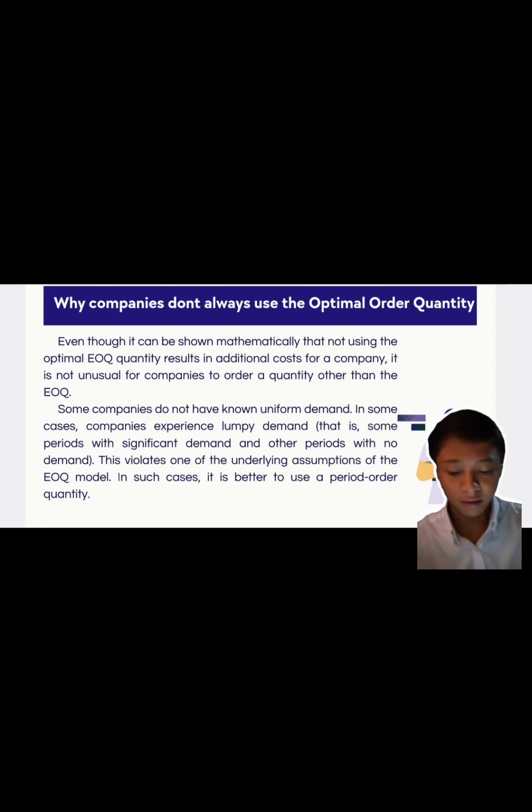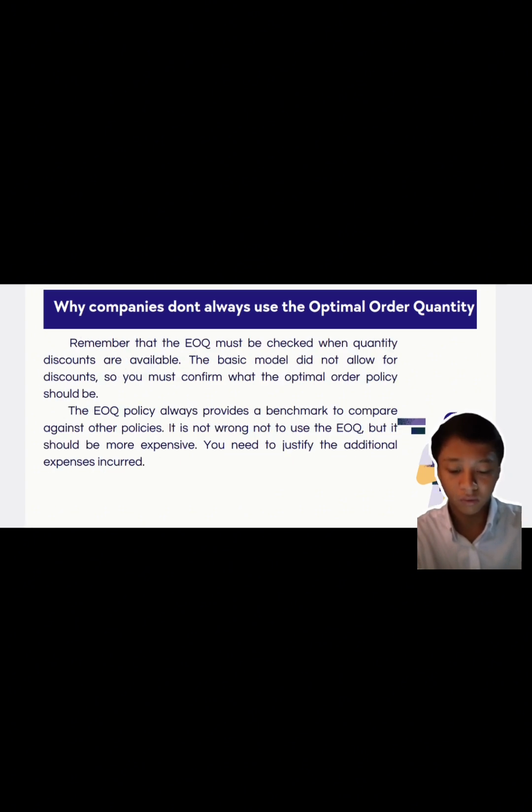In some cases, companies experience lumpy demand, that is, some periods with significant demand and other periods with no demand. This violates one of the underlying assumptions of the EOQ model. In such cases, it is better to use a period order quantity.